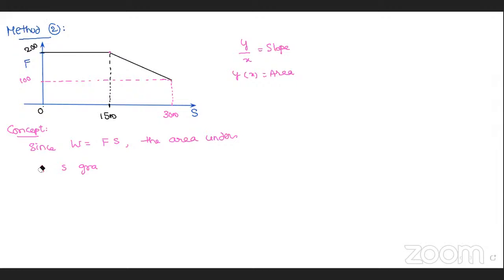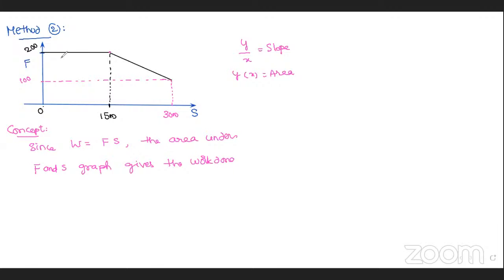Better I write it here, otherwise you may get confused. Force and displacement graph gives the work done. It is so simple. We took the F-S graph, and F into S is the work done.